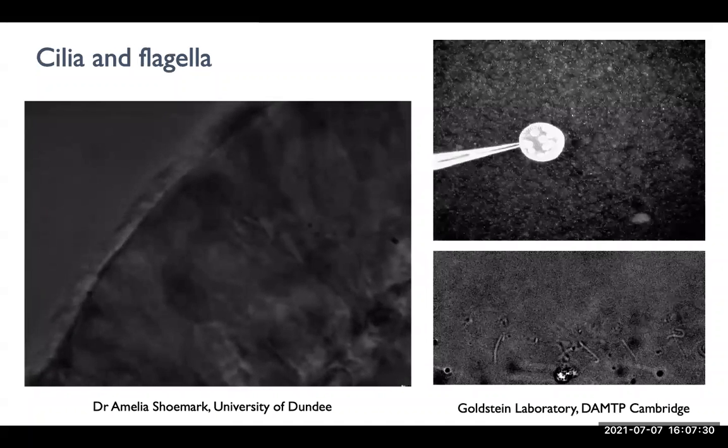The inspiration and the motivation for this work comes from looking at the collective motion and coordinated motion of cilia and flagella in the tissues of our body and those used by microorganisms for propulsion. On the left here, you can see a layer of epithelial lung tissue, and you can see the metachronal wave that gets established by these beating cilia.